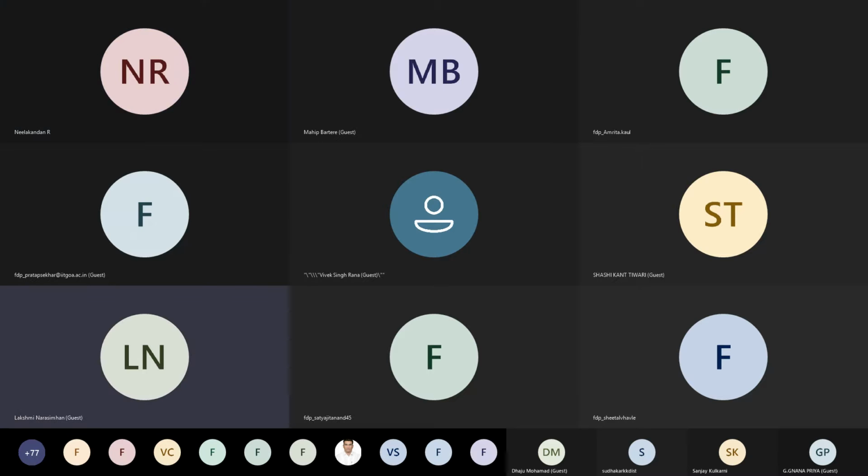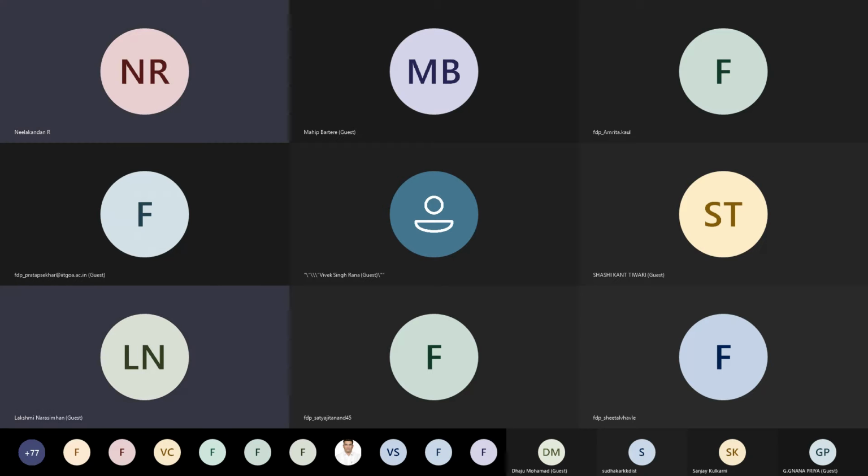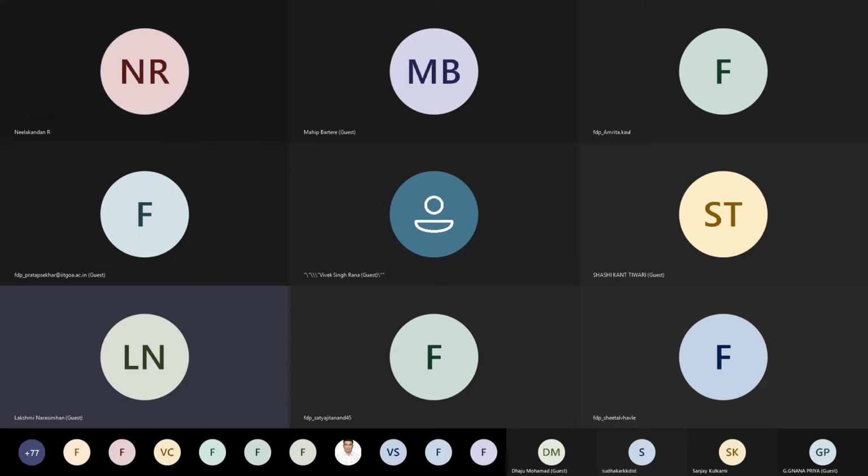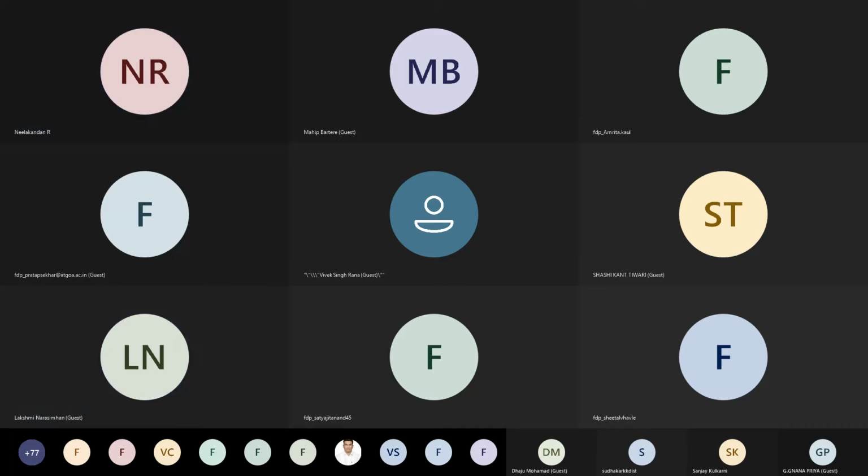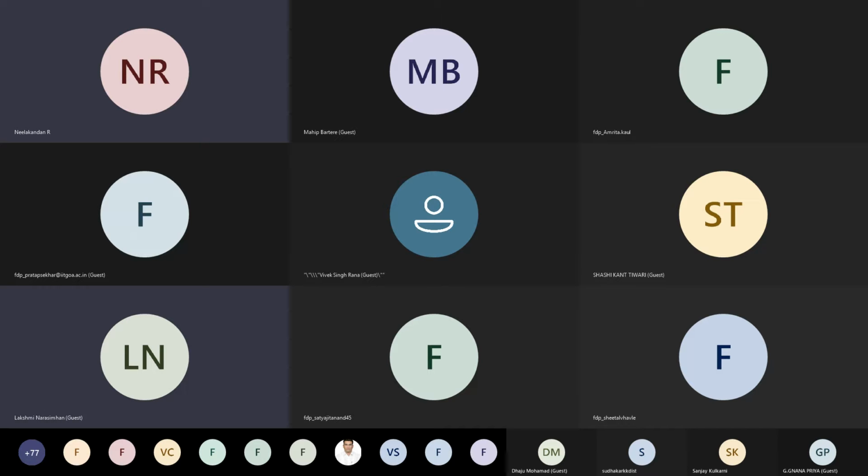I don't have the app, so I'm joining through the browser. I see. Sometimes it creates problems. It is showing that you are trying to share something, but the screen is not yet visible. Is it visible now?